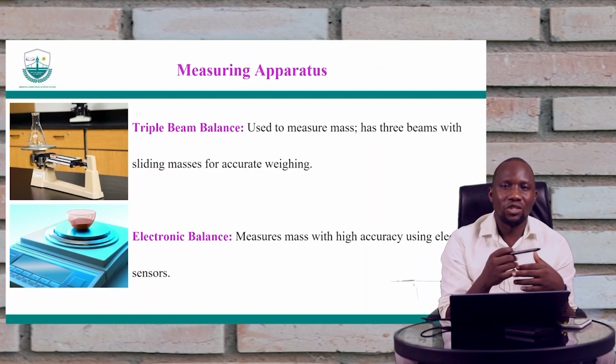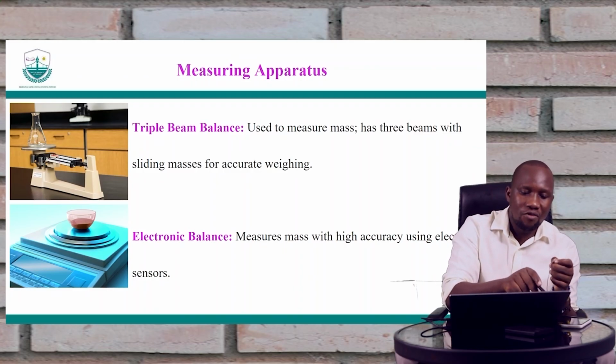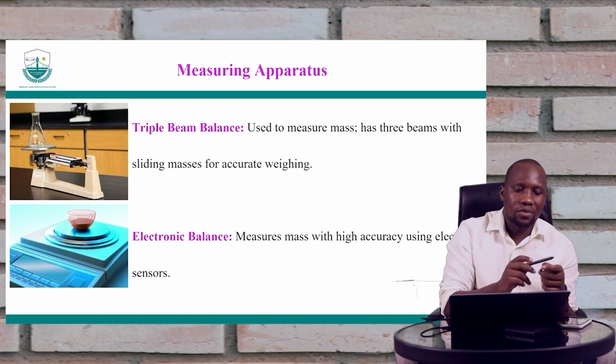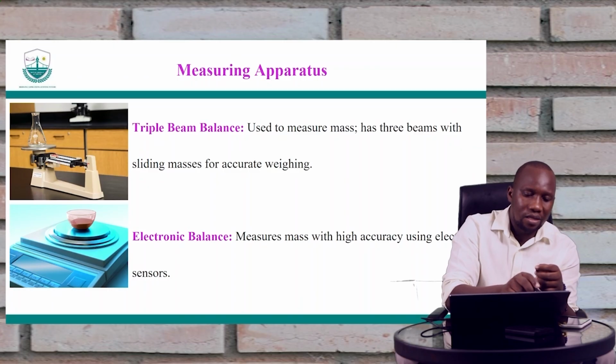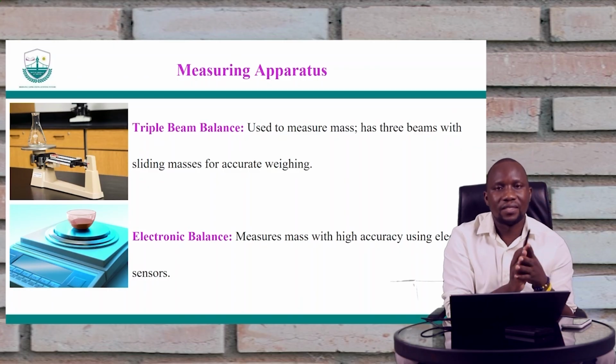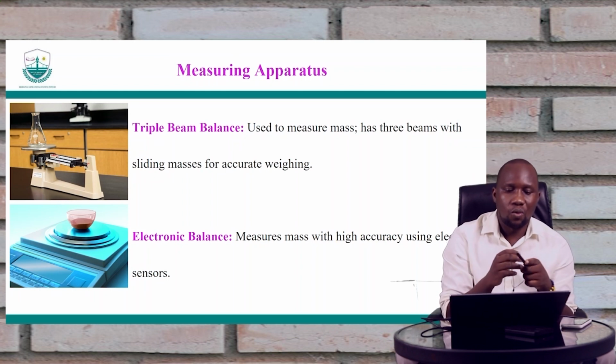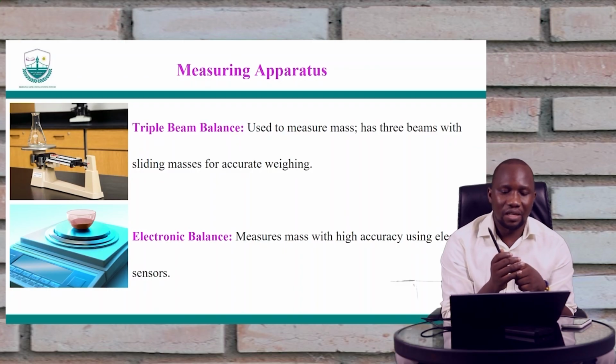If you're measuring the weight of a particular volume of a liquid, okay, and then you place it here, and then move this way such that it balances at a 0 mark here. Okay, so these weights here that I started with, they are the ones that you move such that you have a balance. When you balance, then you take the readings. Okay, we'll look at how to take the readings of the beam balance. We shall look at that in the subsequent sessions.